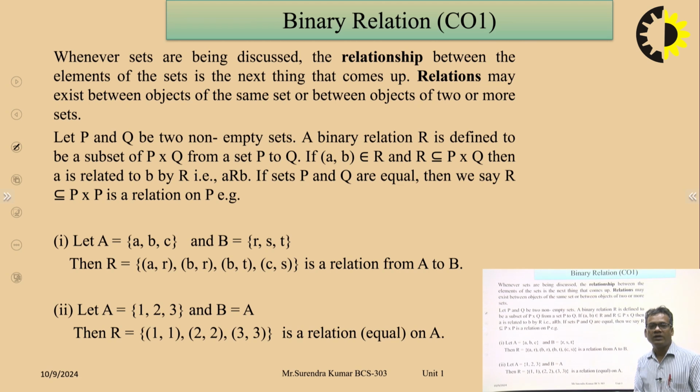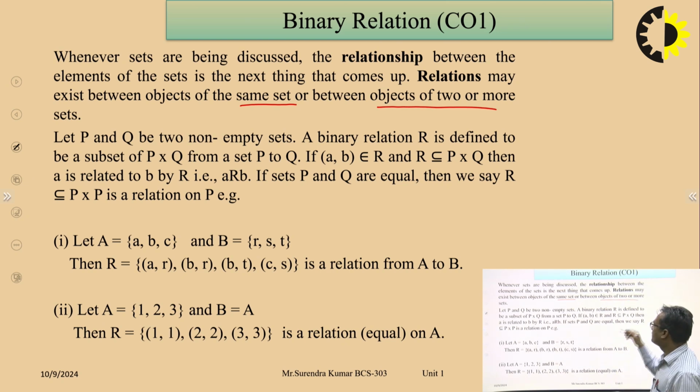So we can have the example of ordered set with the help of binary relation. So now what is binary relation? So whenever sets are being discussed, the relationship between the elements of the set is the next thing that comes up. So relations may exist between objects of the same set or between objects of two or more different sets.